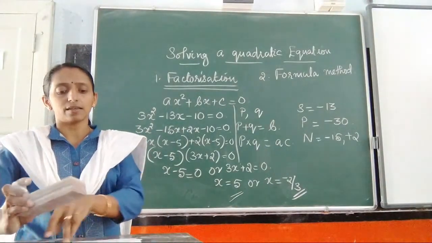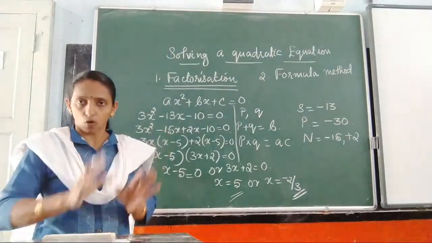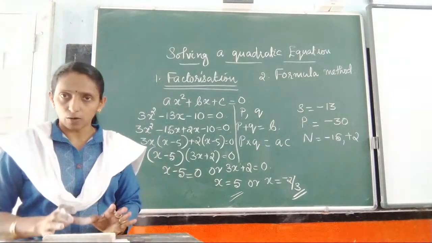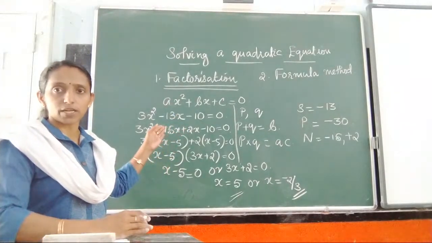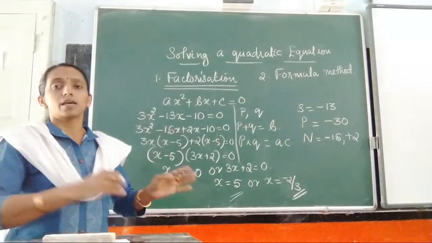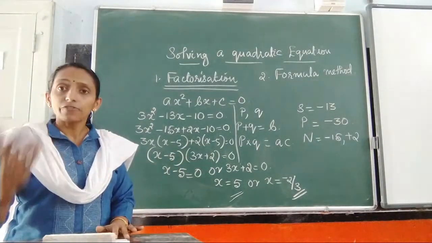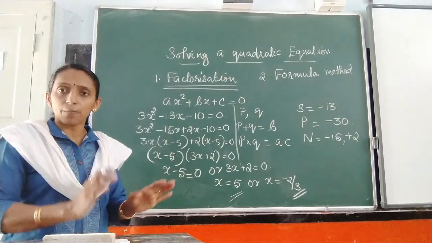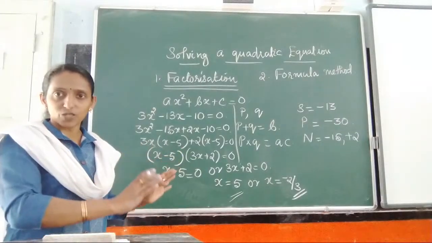So this is the solving part of the criteria. Criteria means clear all the fractions, simplify all the brackets, and then bring it into the standard form of the quadratic equation. Then we will follow the procedure of splitting the middle term. After splitting the middle term and taking out the common factors, we are getting two factors.